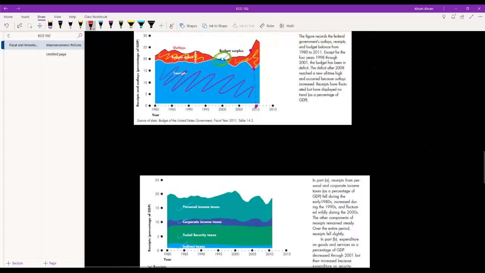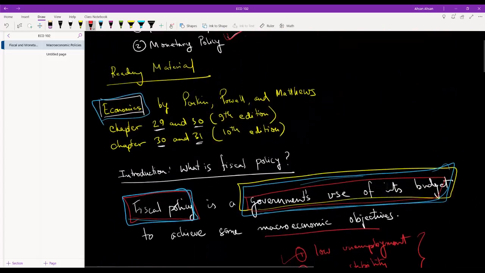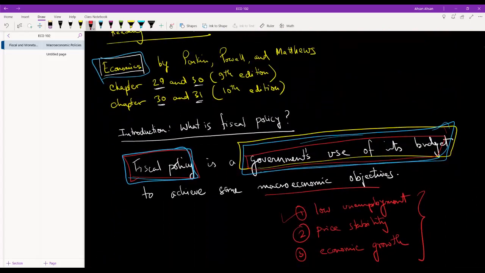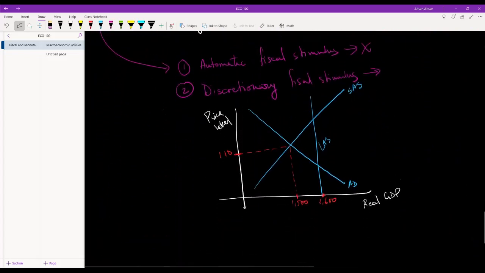Notice, let's go back to the definition once again. So what fiscal policy is, is the government using its budget to achieve macroeconomic objectives. Simple enough. Okay, so what's happened here? The macroeconomic objective that the government wants is that they want to increase output.